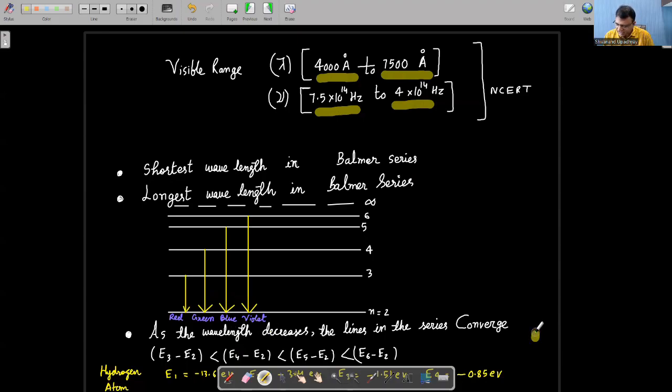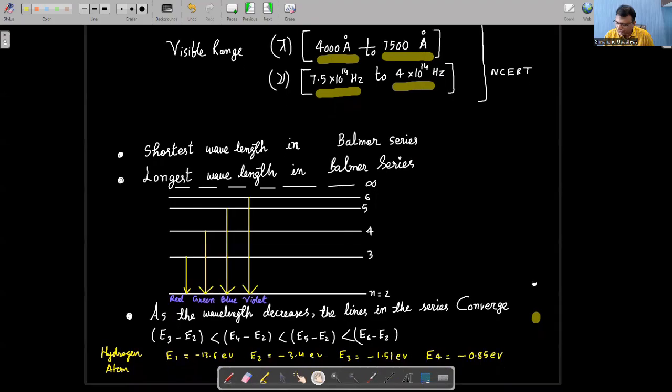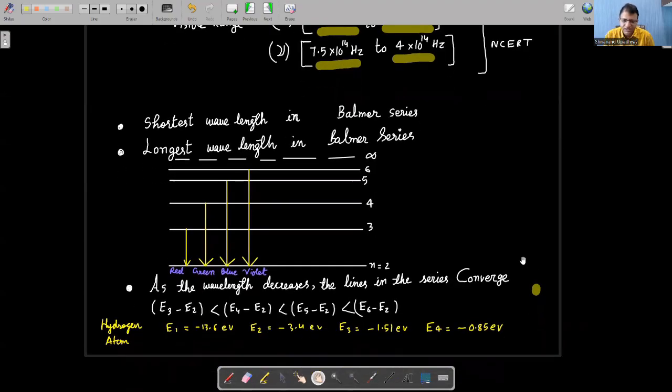In past years, a very good question was asked regarding the atomic spectrum. We know that in a single electron system, as we move away from the nucleus, the energy difference between consecutive energy levels decreases. So the highest energy gap is between first and second, then second to third is less than first to second, and so on.